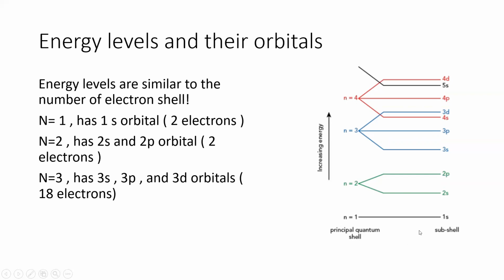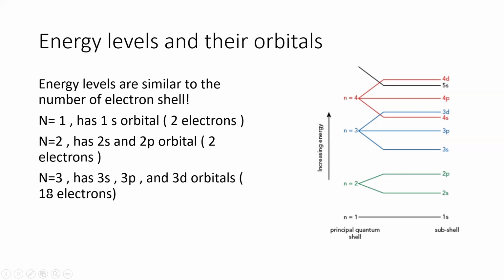So n equals 2, we know that it has 8 electrons. Sorry, there's a typo over here. So 2s contains 2 electrons, and 2p, as we know, contains 6 electrons. Remember, this 2 does not refer to the number of electrons inside the subshell, but it refers to the energy level that the subshell is in. N equals 3. Previously, we used to know that it contains only 8 electrons.